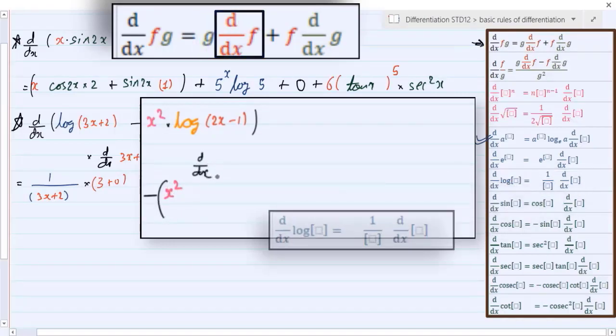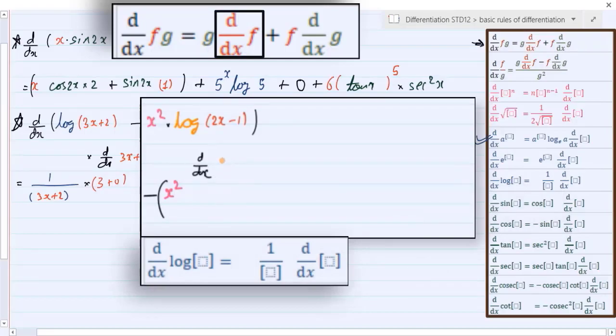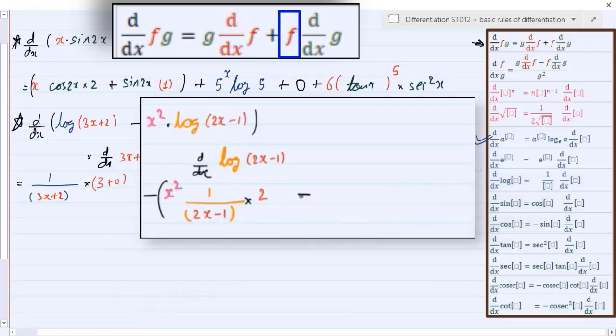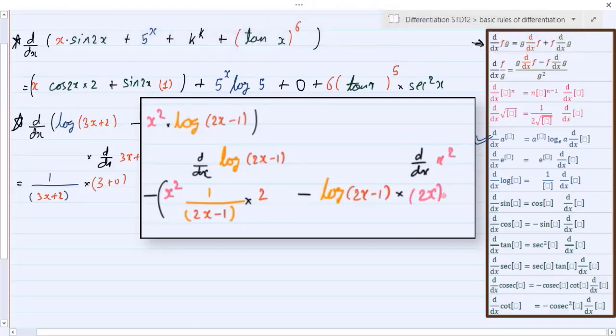We have to differentiate log 2x minus 1, or we can say differentiation of log box, which is 1 upon box, into differentiation of box, or we can say multiply the coefficient of x, which is 2, minus your log 2x minus 1 will be as it is. We just have to multiply the differentiation of x square, which is nothing but 2x. Ta-da!